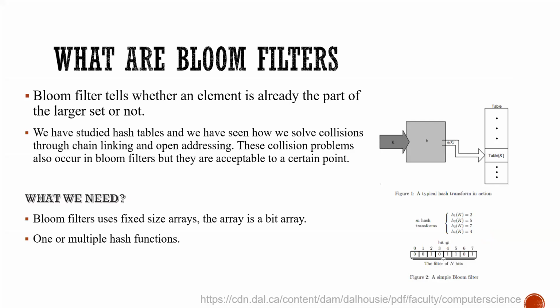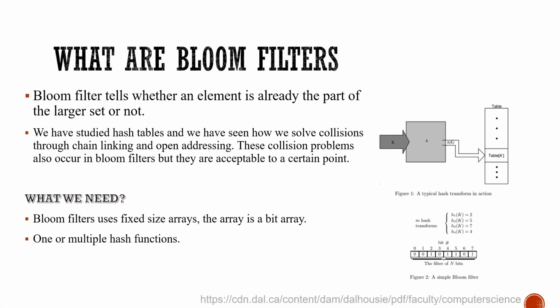Although the name looks fancy, it is a very trivial data structure. Basically, a Bloom filter uses two things: a fixed size array, which is a bit array that stores ones or zeros, and multiple or a single hash function so that it can hash data and put a one at the hashed value.